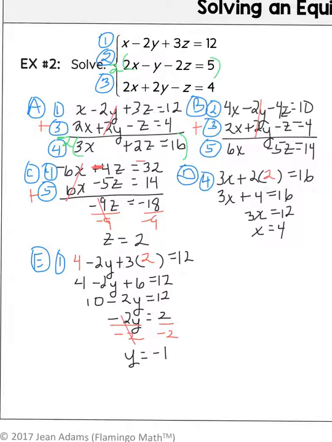So now I have all of my values. So part F, you're going to write your triple order pair. So my x value is 4, y value is negative 1, and z is 2. And that's it. It's just a long problem, but it's the same process as what we did before.